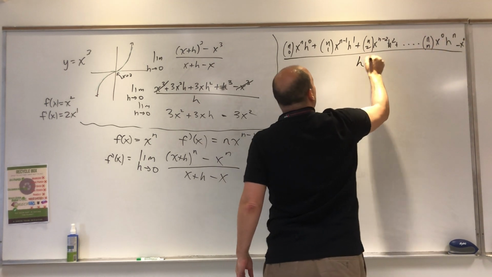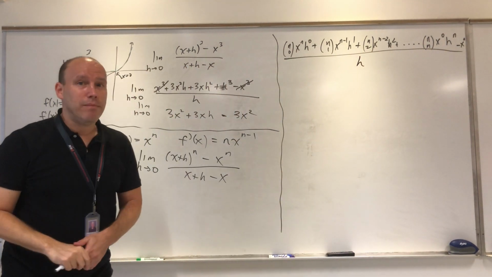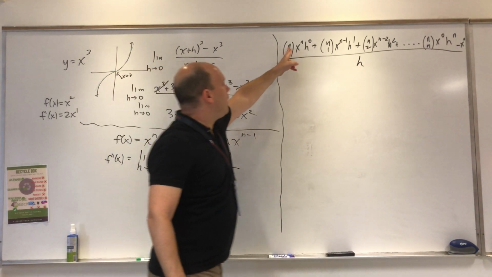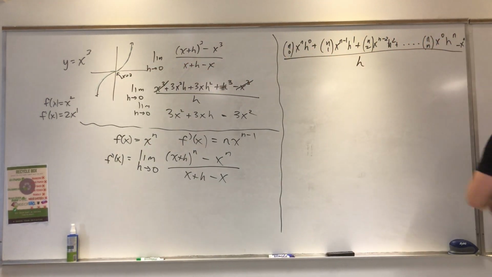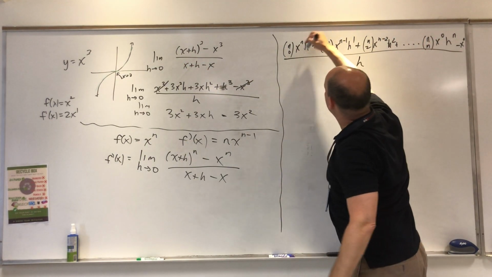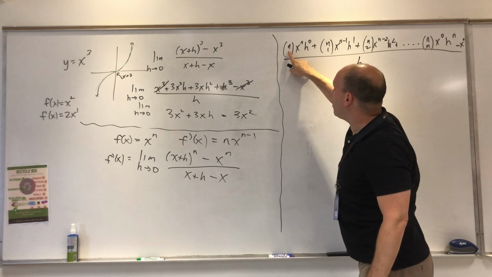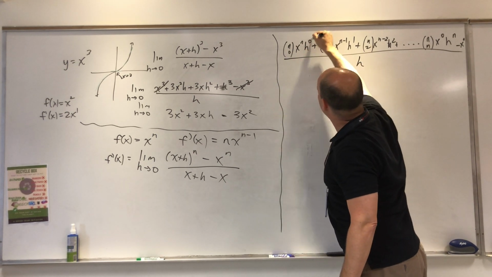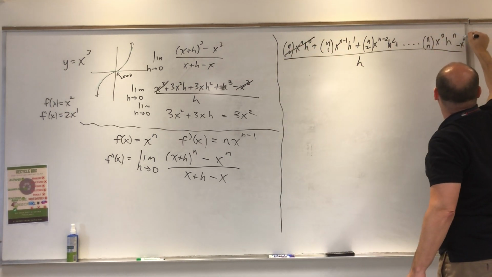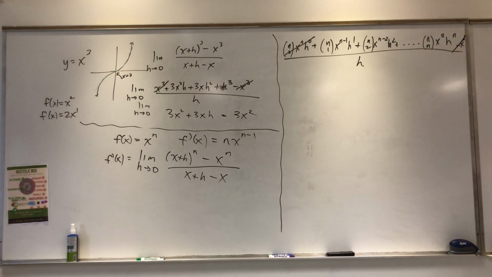This whole thing divided by h, let's just simplify. Okay, what's going on here? Well, first of all, this n choose 0, h to the 0 is 1, and this goes out with this, right? What else?